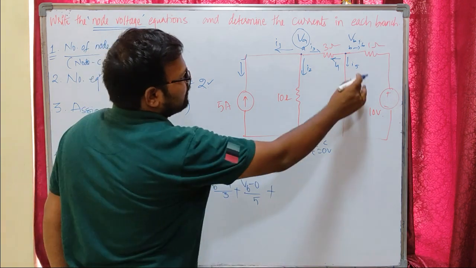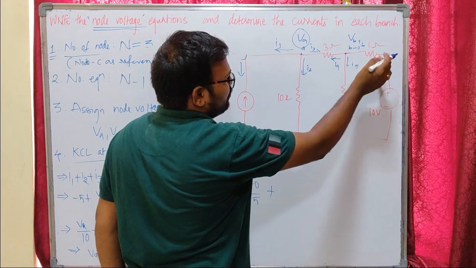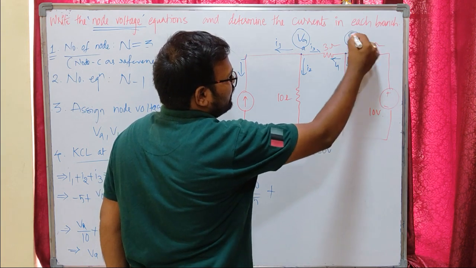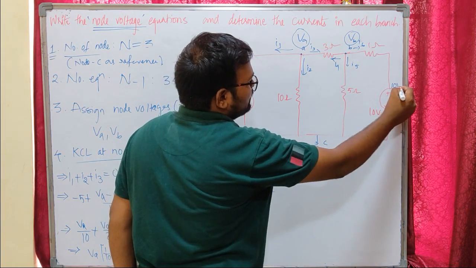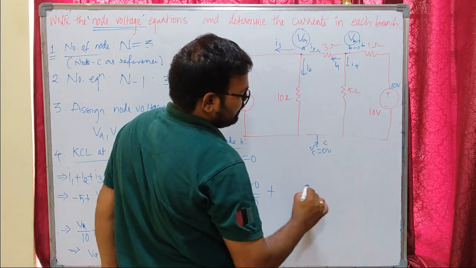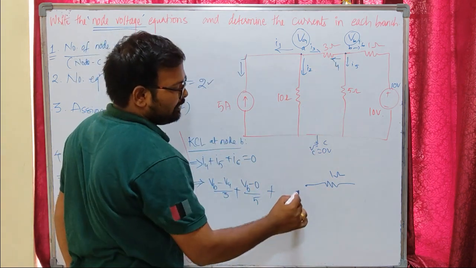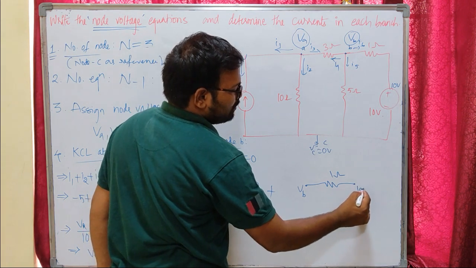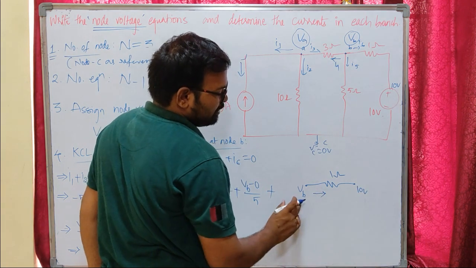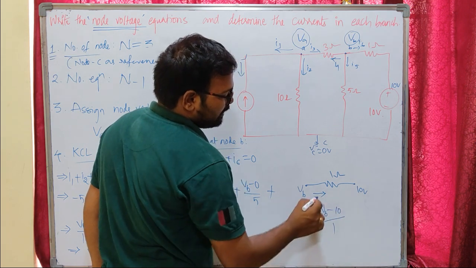Plus one more important point here: the 1 ohm resistor at B has potential VB at one terminal, and at the other terminal it has 10 volts potential. The current should leave VB, so VB minus 10 volts by 1 ohm will be the current I6.